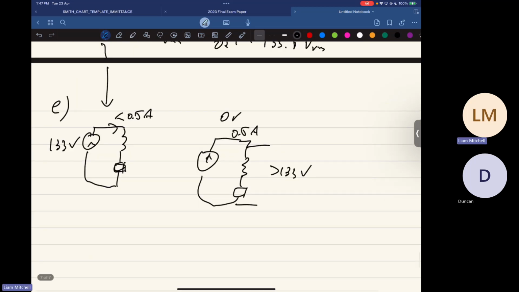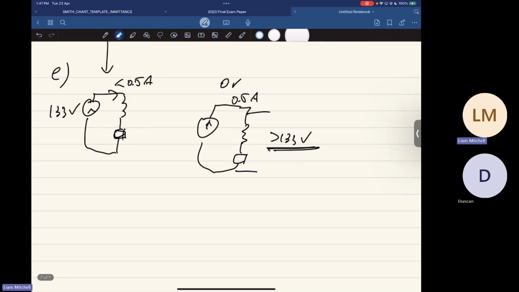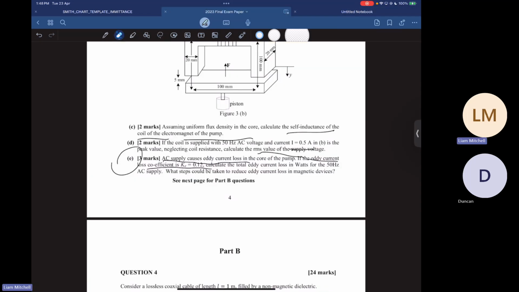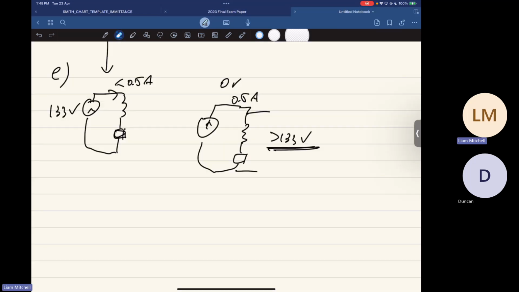I'm going to go with the voltage case because it's easier to calculate. In the other case, you have to go from current, find the magnitude of the B field, and then go from there. Actually, for the sake of completeness, I might go through each case, but first I will go through this case because it's easier to work.